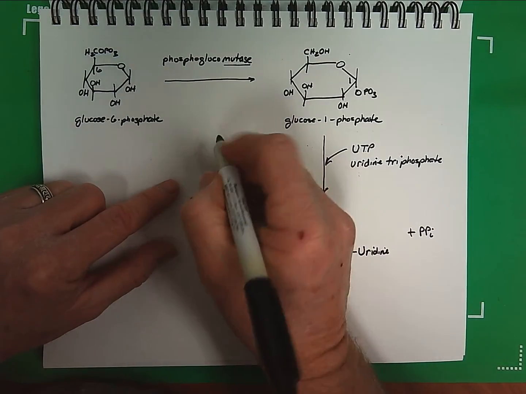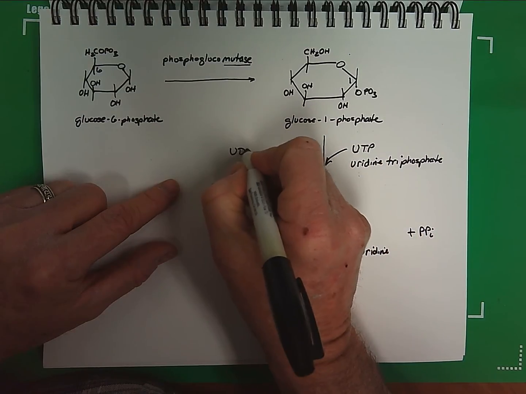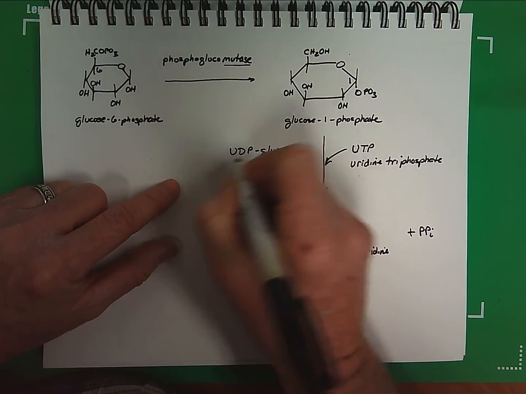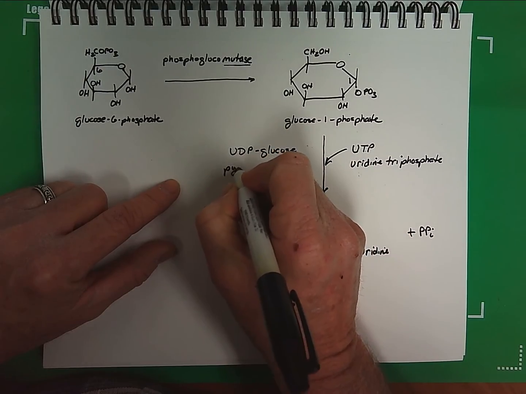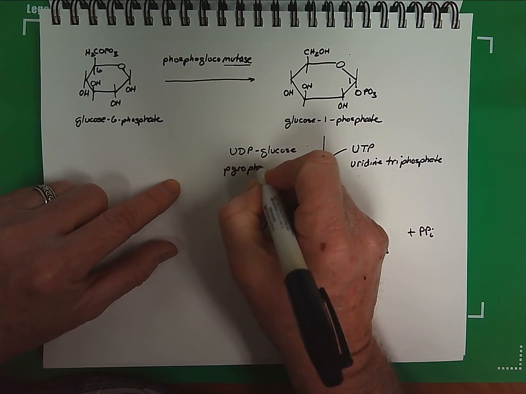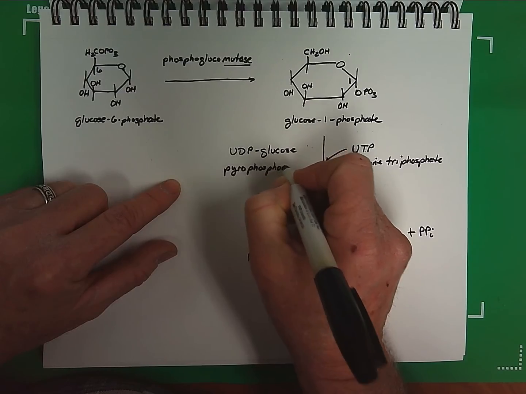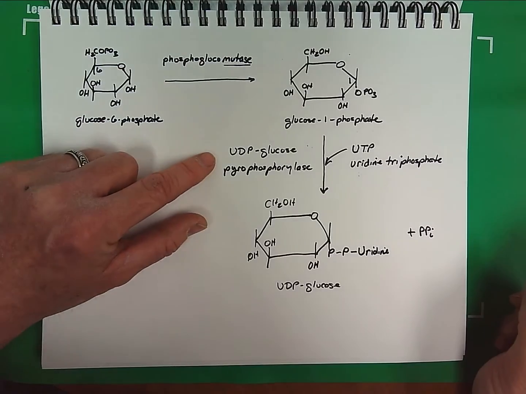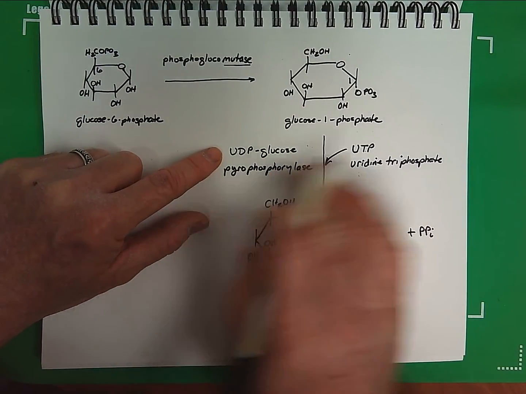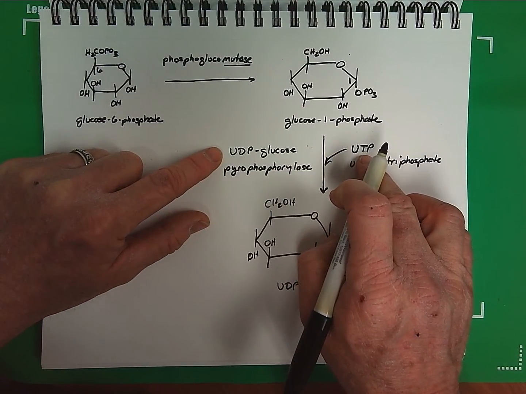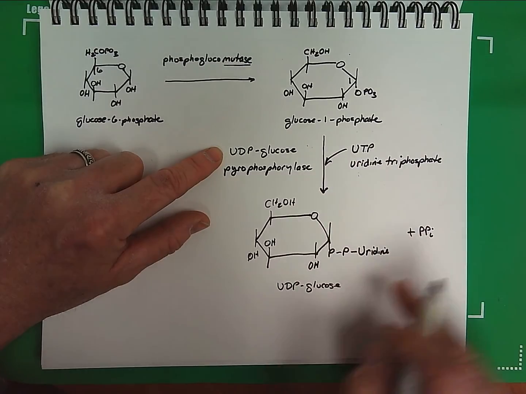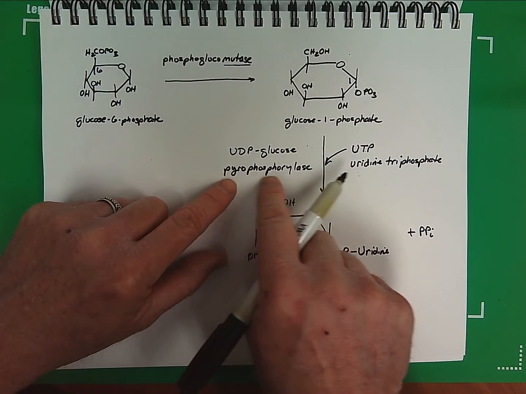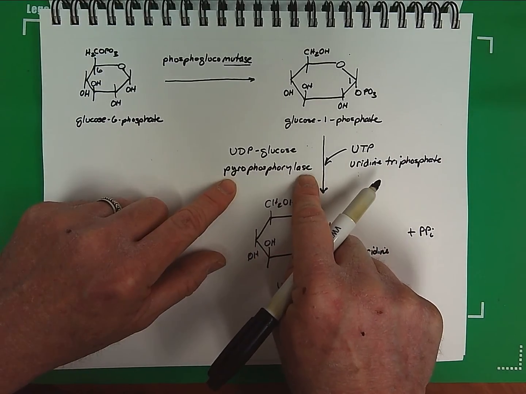The enzyme that performs this reaction is called UDP glucose pyrophosphorylase. Now this is a very unique enzyme in that it not only adds the uridine monophosphate onto the glucose 1-phosphate, but it has a pyrophosphorylysis activity.